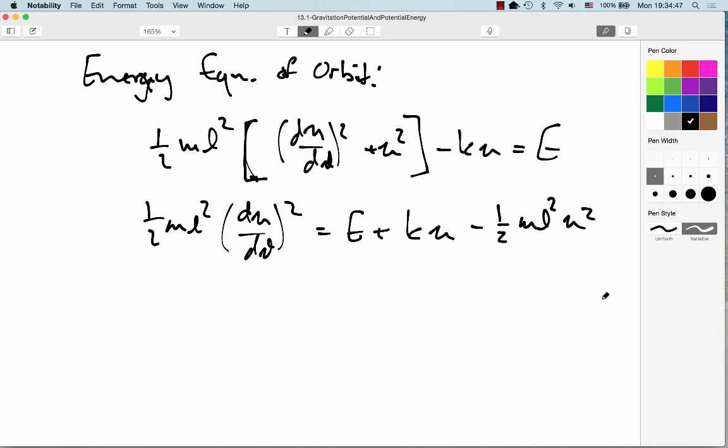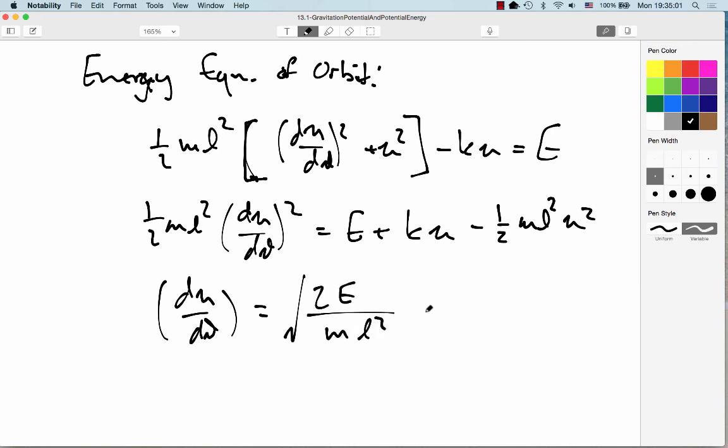I can divide through by 1/2 m L squared everywhere and then take the square root. So I get that du d theta equals the square root of 2E over m L squared plus 2k over m L squared u minus u squared.